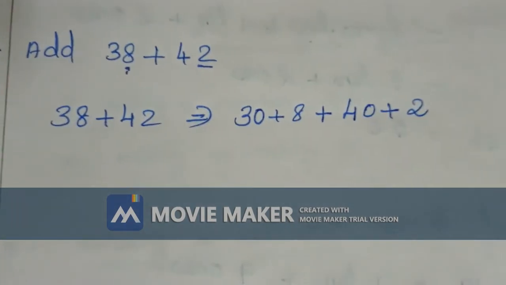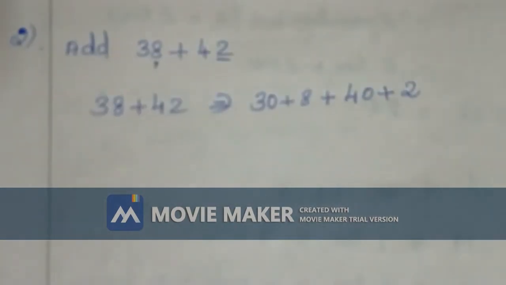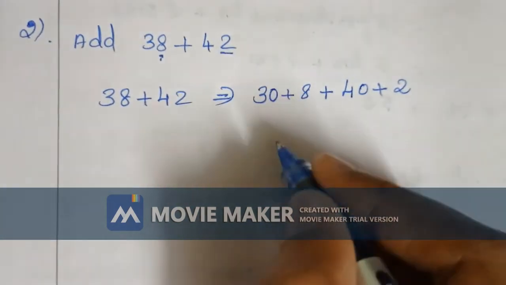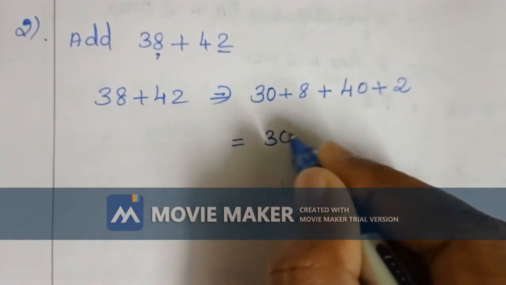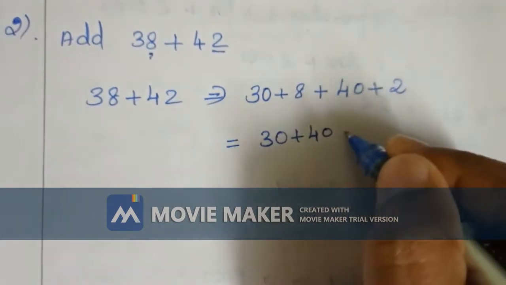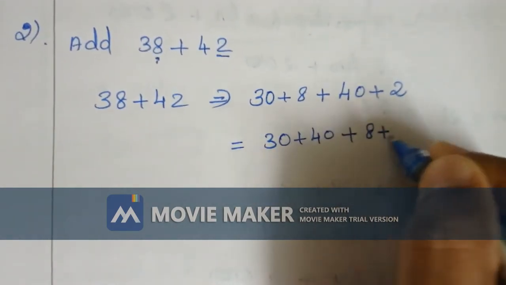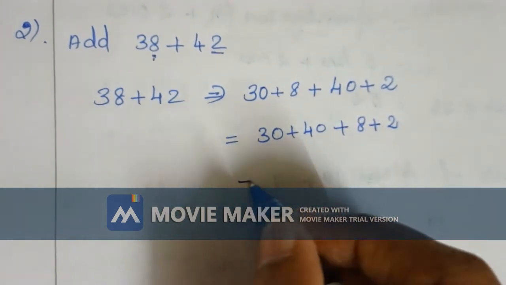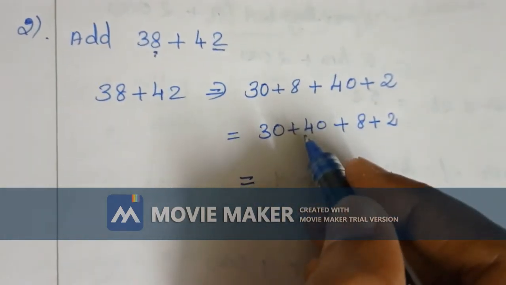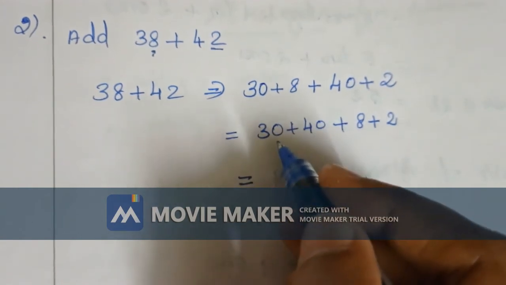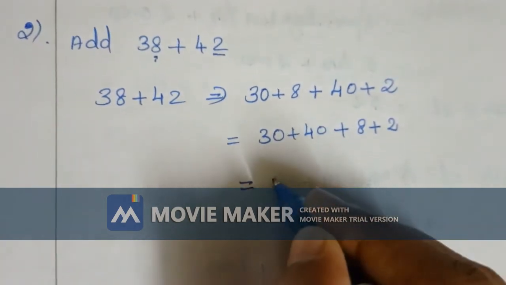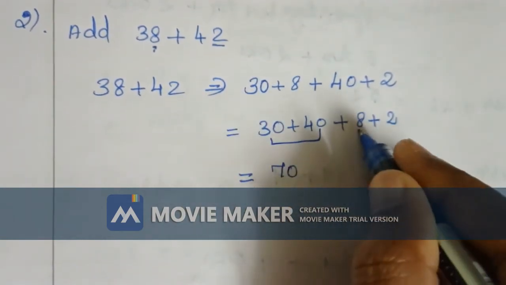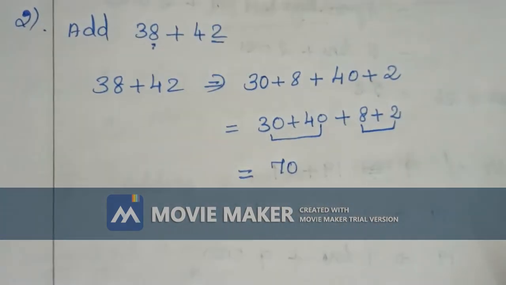Now you have to rearrange these numbers like this, 30 plus 40 plus 8 plus 2 to make a 10. Now you have to add 40 plus 30 which gives us 70, and first you have to add these two numbers, then next you have to add these two numbers.